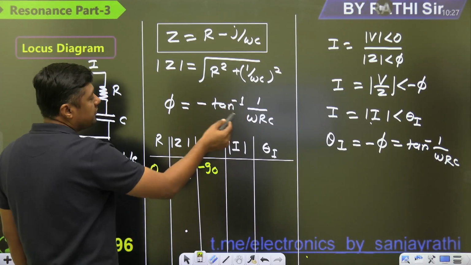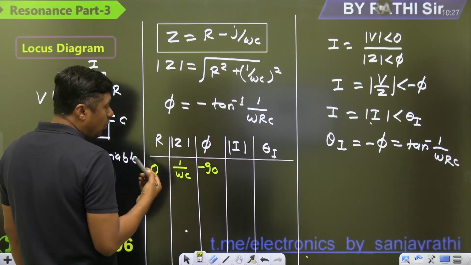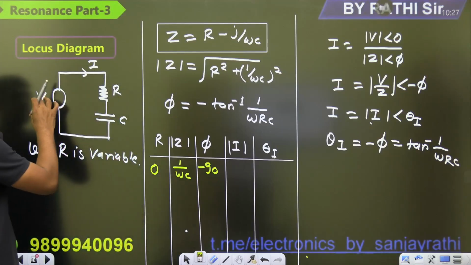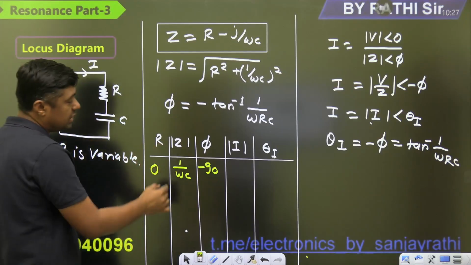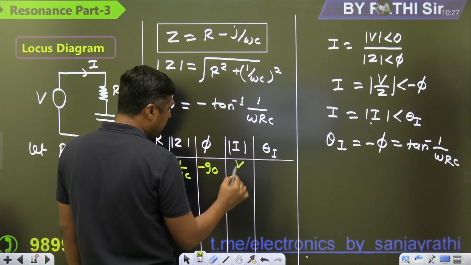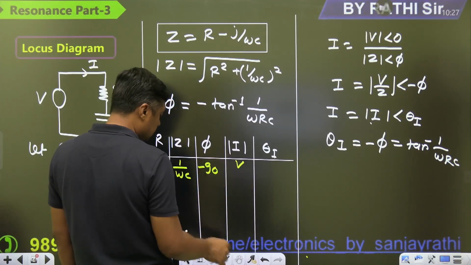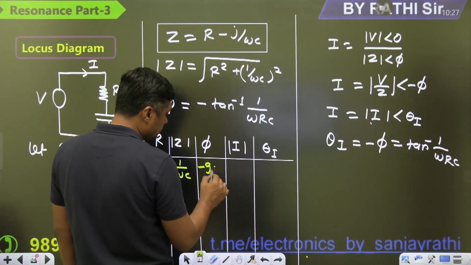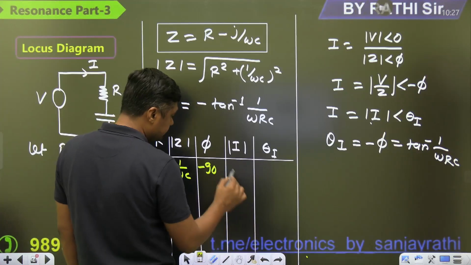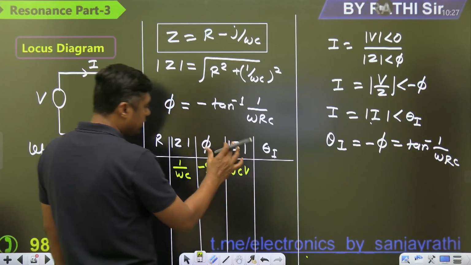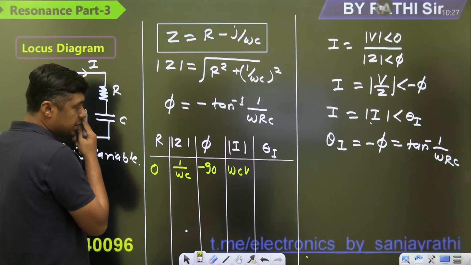Why? Tan inverse of infinity is minus 90 degree. Now what is the magnitude of I? Because the voltage is fixed and the impedance is 1 by omega C, I is V divided by 1 by omega C. So it will become omega CV, because V divided by that value becomes multiplication.